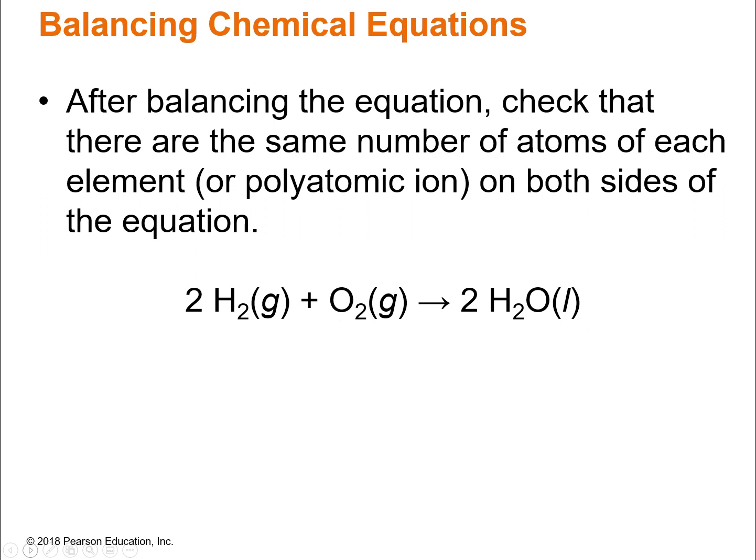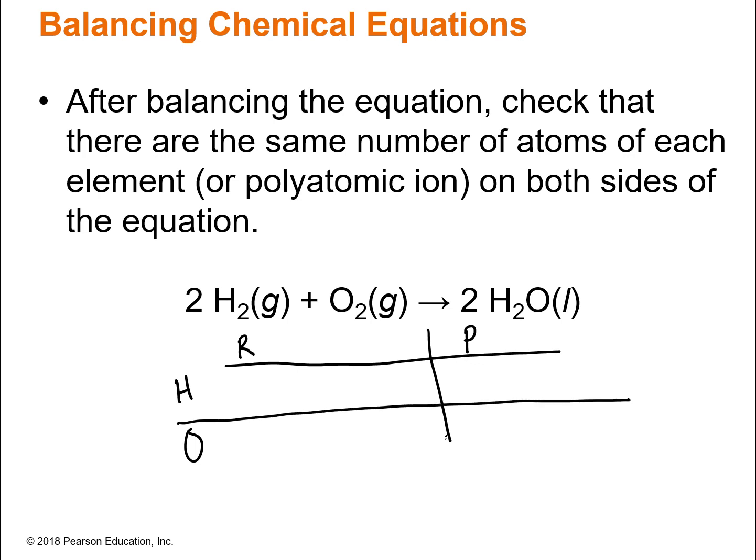Once you balance the equation, make sure that you've got the same number of atoms on each side. So on the reactant side, we can total up our hydrogens and our oxygens and do the same thing on the product side. On the reactant side, we've got 2 times 2 for a total of 4 hydrogens. And then we've got 2 oxygen atoms.